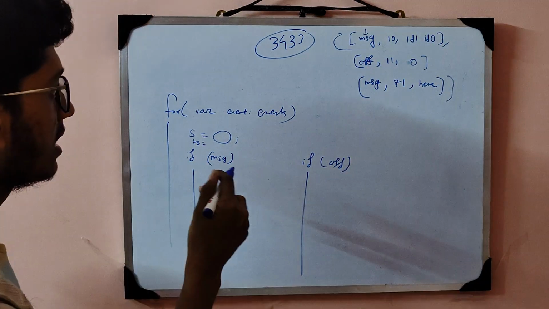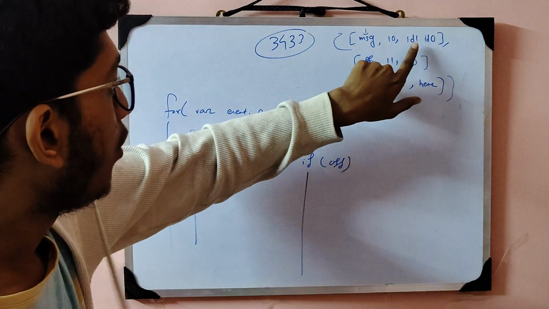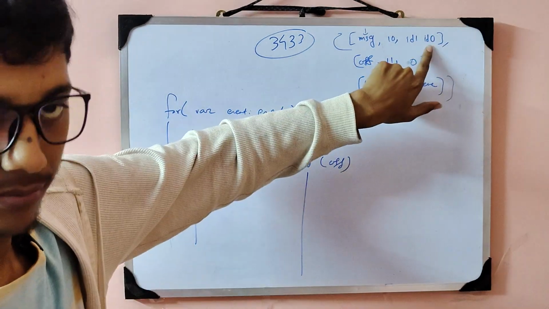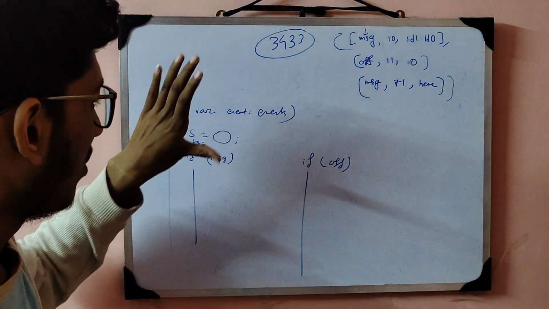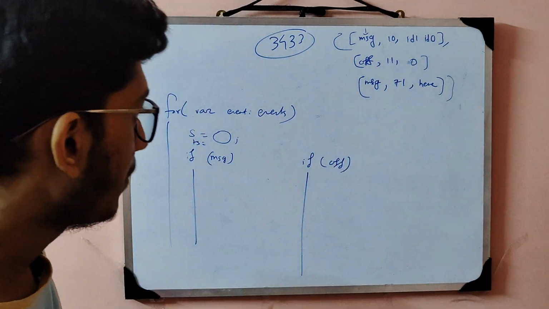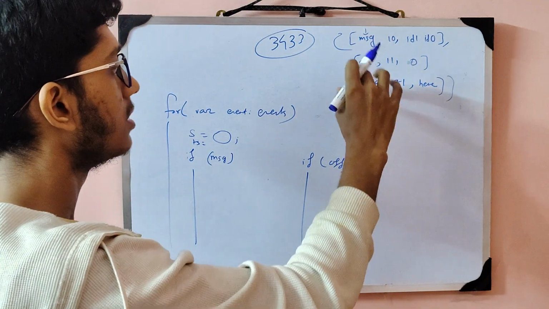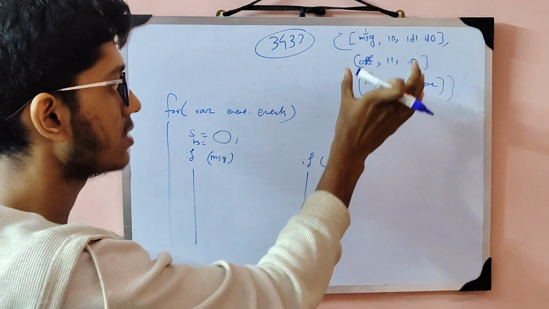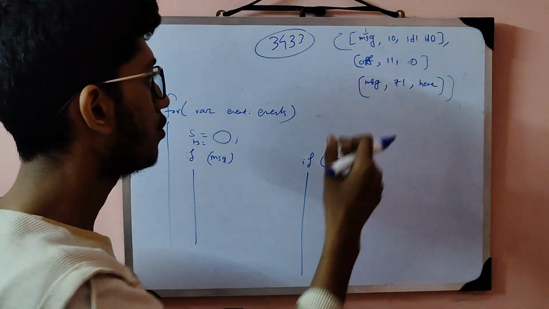For the message, you need to check what IDs are written here. So our basic approach will be going over all the events, and checking what is message or what is offline.